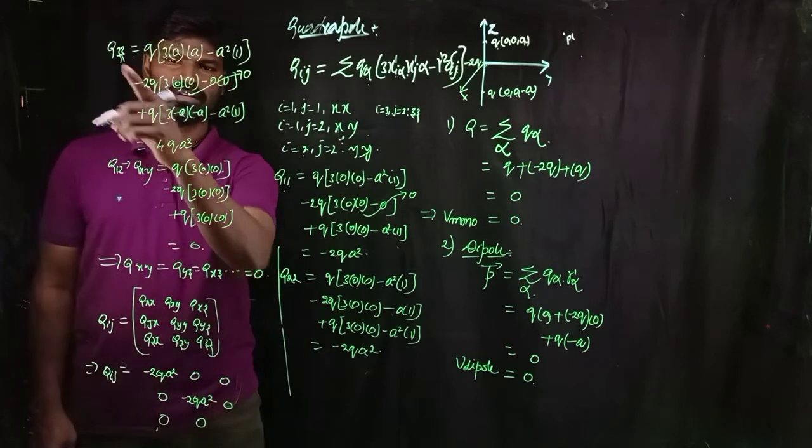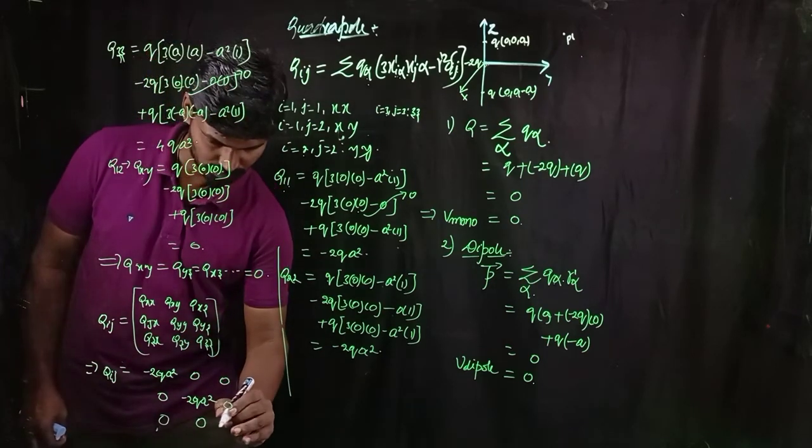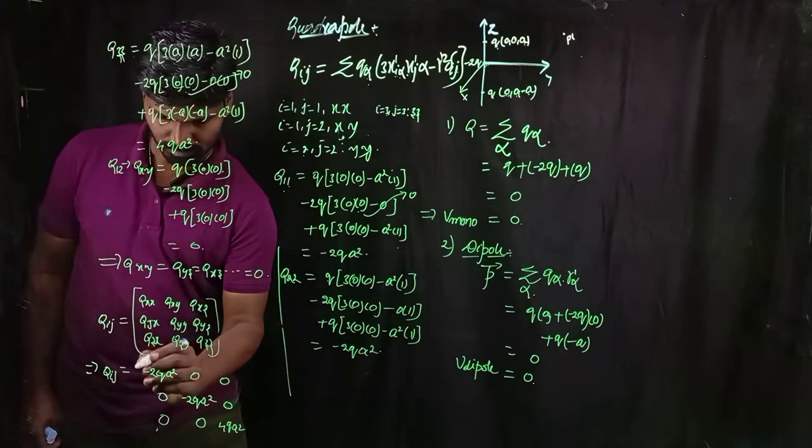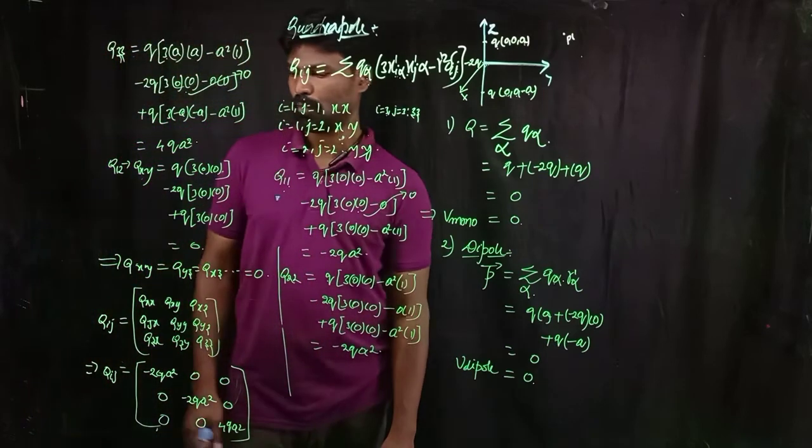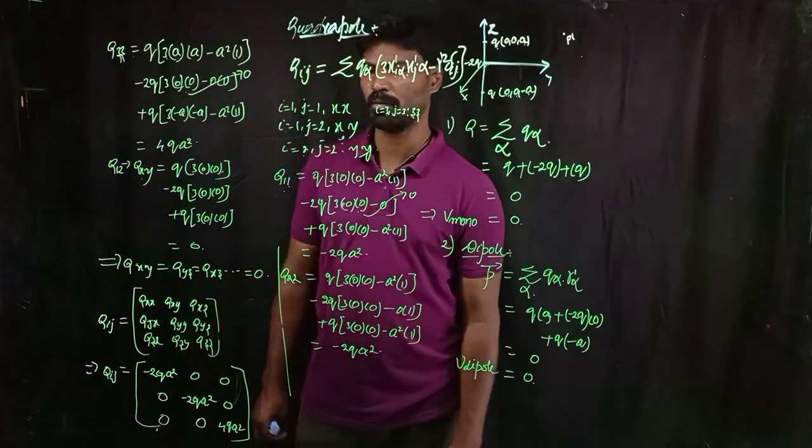Next qzz, how much did I get? 4q a square. Okay, this is how we calculated the quadrupole moment tensor.